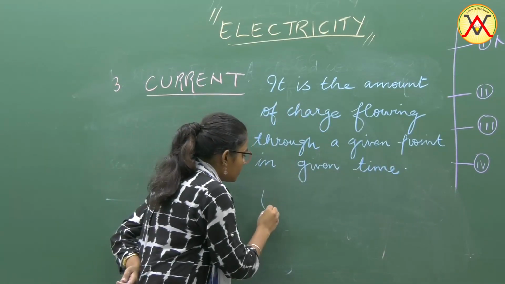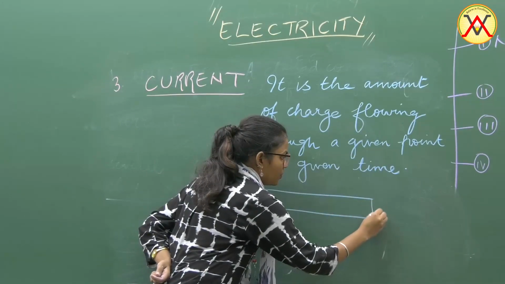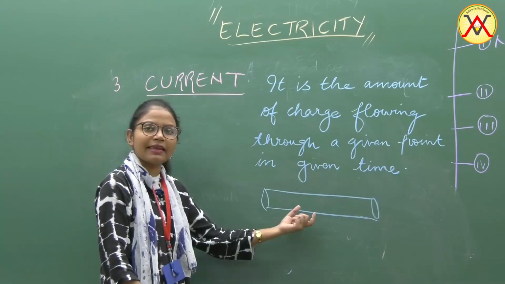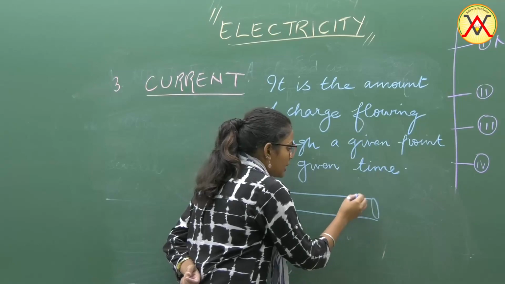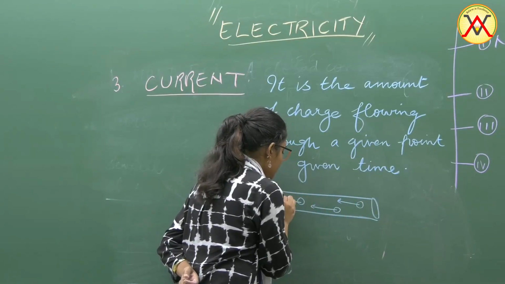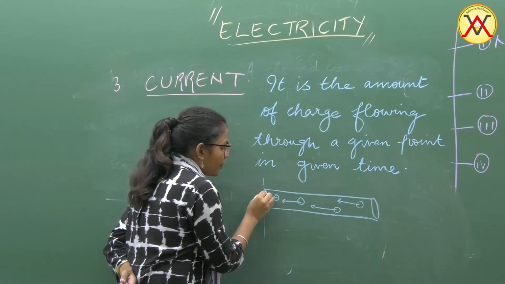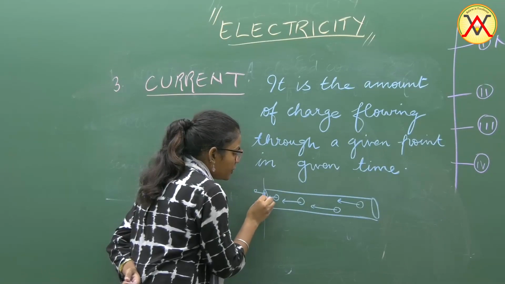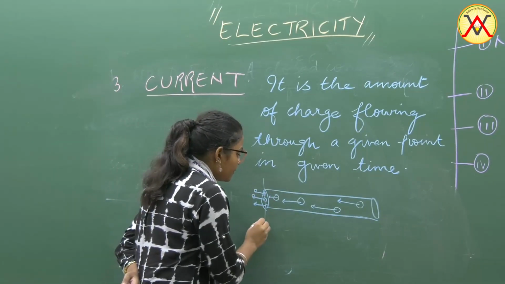Our conductor would look like this. This is any conducting wire. In this wire, your current would be what? Flow of your charges through a given point. That means from this point we are to calculate our number of charges in given time.